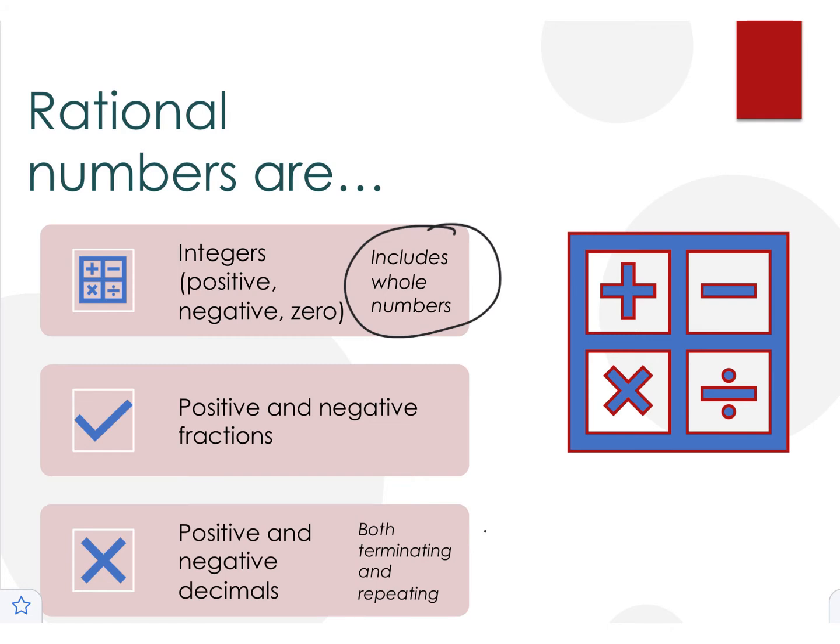Okay, so what that means. A terminating decimal means it ends. Okay, so something like 0.25. Repeating decimals, 0.333. Okay, so that repeating decimal is considered a rational number because 0.333 repeating is actually just 1/3.